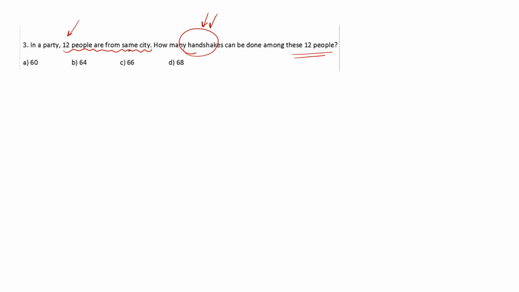So in order to shake hands, how many people do you need? You always need 2 people to handshake, right? One hand from here and one hand from here. So what is the condition? There are 12 people and you have to select the 2 people who will shake hands together.